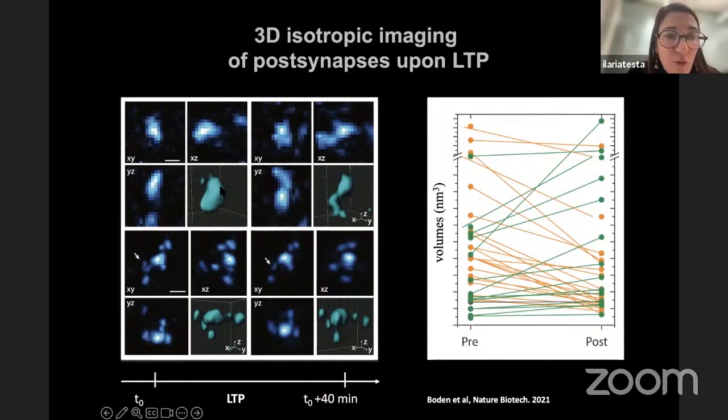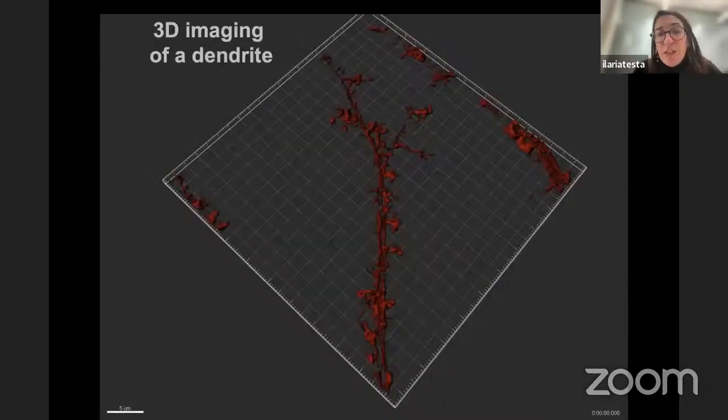But if you look at the whole volume, you actually see that there is a big rearrangement in the morphology of the spine. So it's really exciting now to move all this quantification and study, which historically has been done only in 2D, to a more 3D system. And neurons are intrinsically 3D because they are networks of cells, so it's important to have this view too.